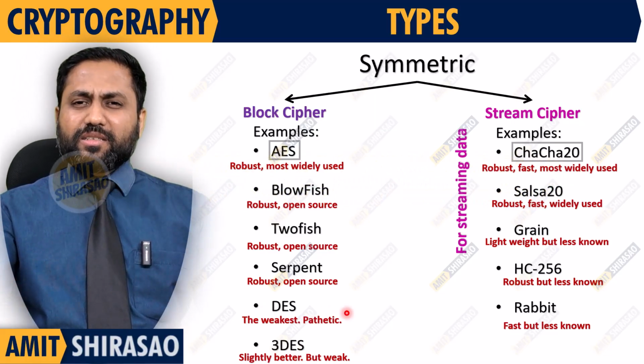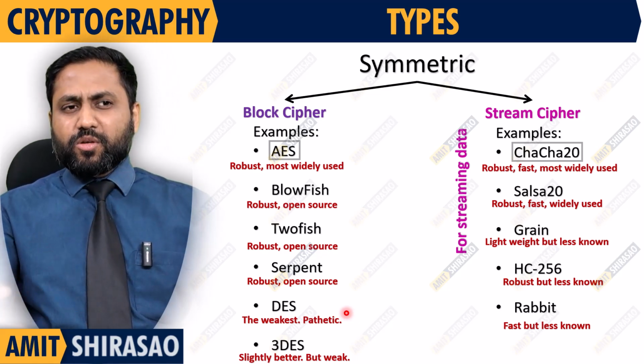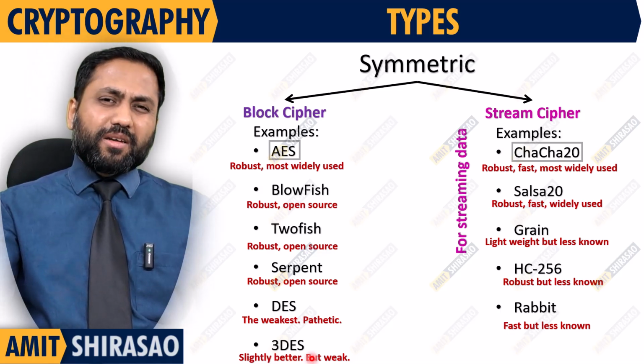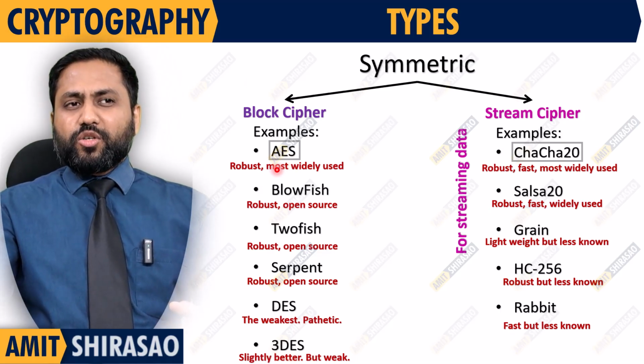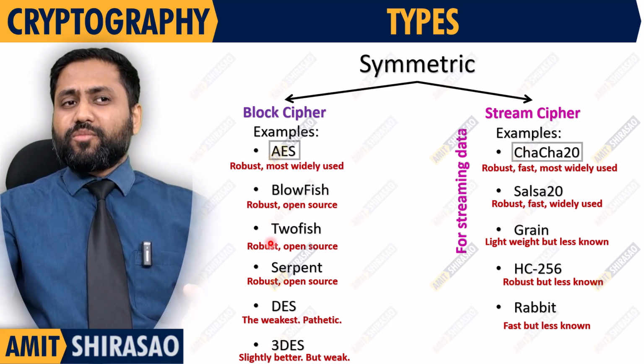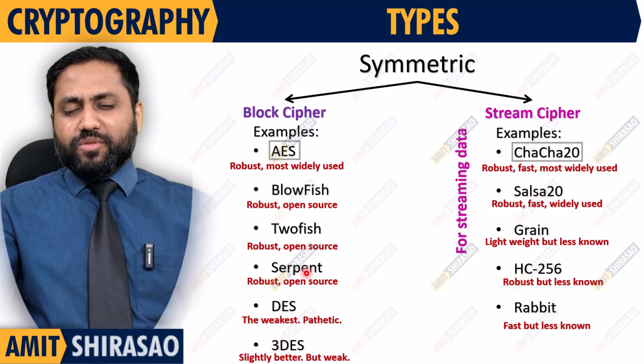And DES is absolutely weak, very, very weak. So never use DES nowadays, and for 3DES also I recommend, please don't use it. You should go for either AES, or if you really want some open source option, then Blowfish, Twofish or Serpent. All three are equally good; you can pick any of them. So that is about block cipher.